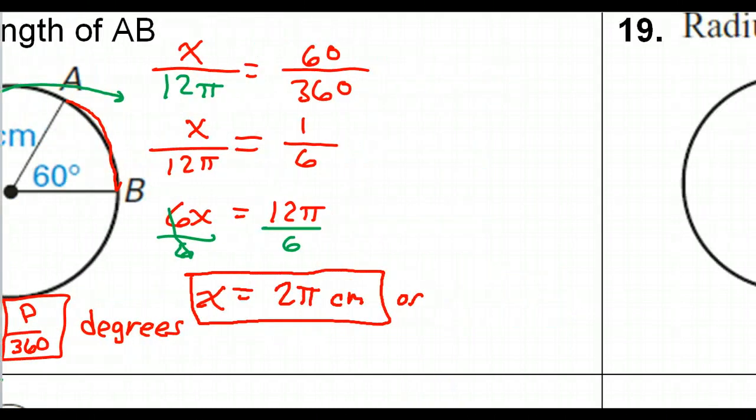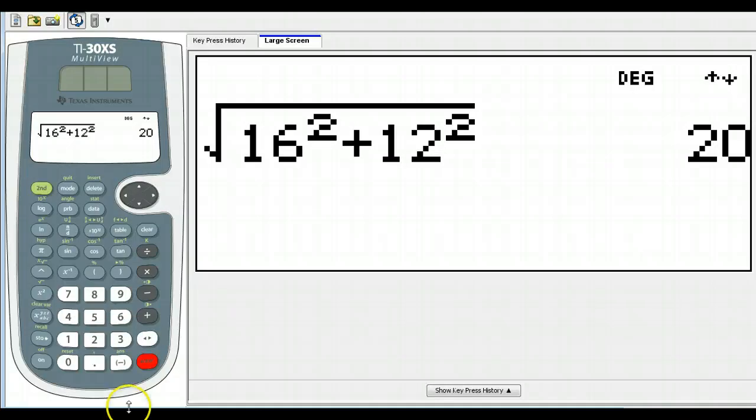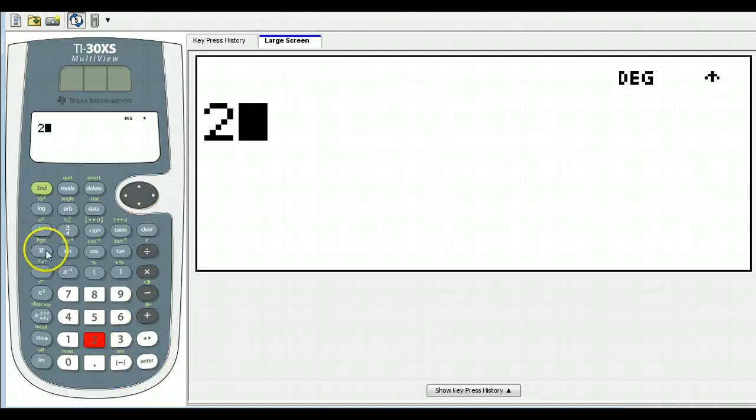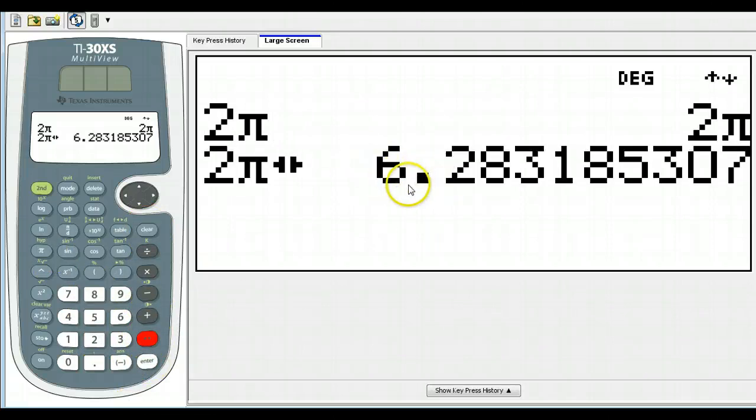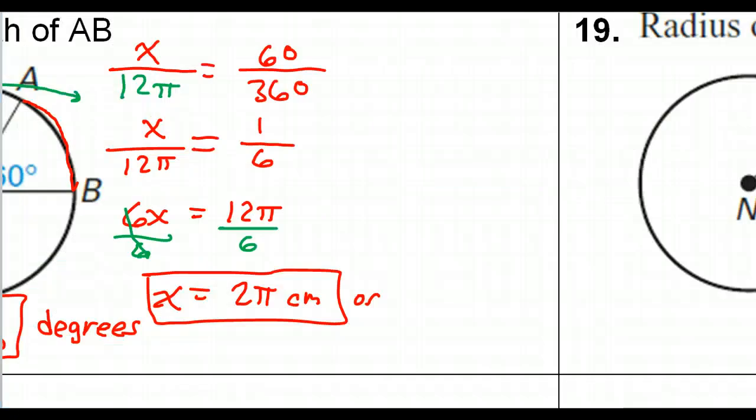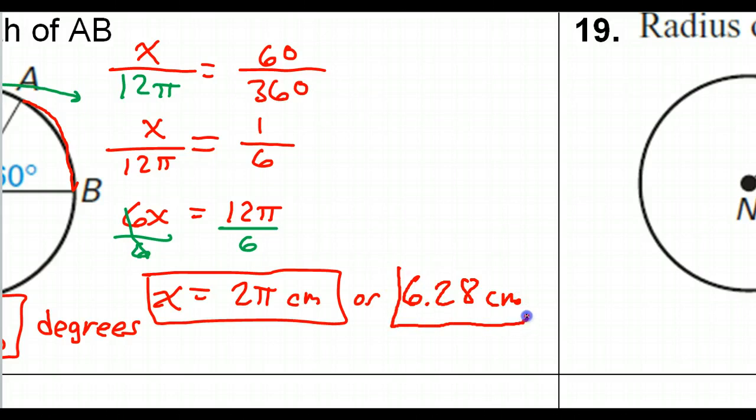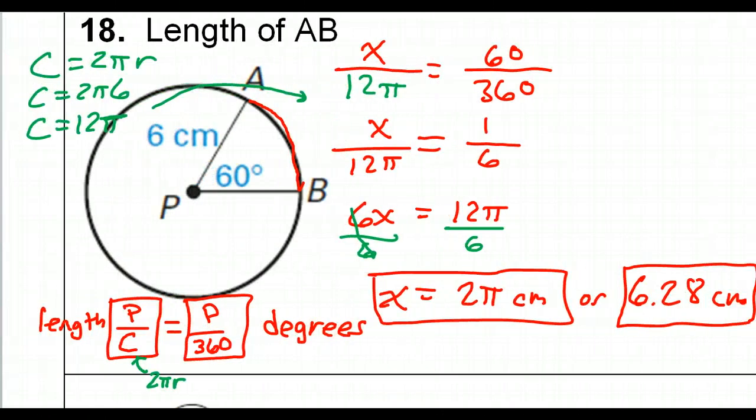Or if we wanted the decimal, we can just put that in the calculator. 2 pi is 6.28 centimeters. So that would be the approximate decimal answer. So that was number 18.